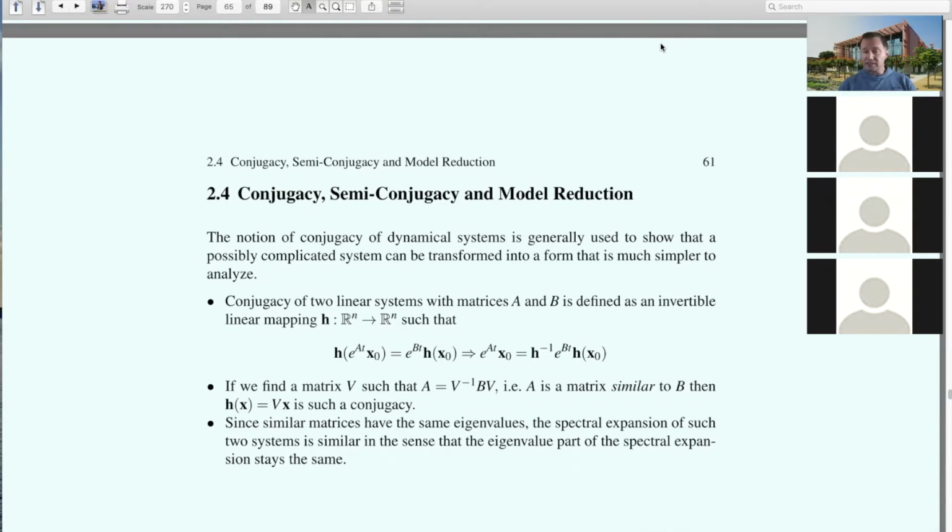And that semi-conjugacy is intimately connected to the concept of model reduction, where we ask the question, can we find observables such that an initial dynamical system that is described by n states can be described effectively by some smaller number m of states, and then also describe the meaning, because obviously if you're defining something by a smaller number of states, some of the dynamics might be lost.